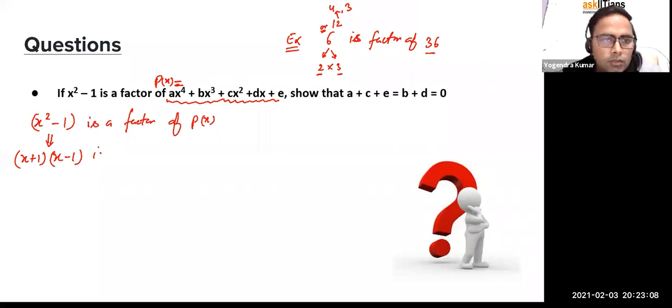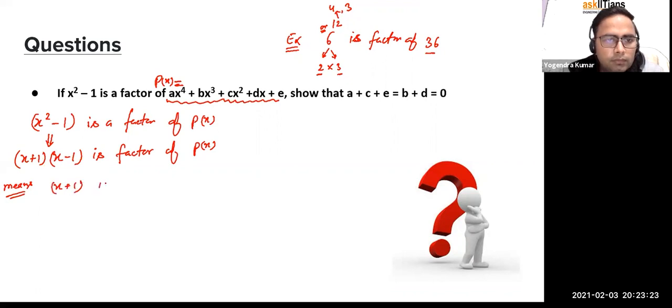Yes. So x plus 1 and x minus 1 are factors of P of x. Means x plus 1 is a factor of P of x, and x minus 1 is a factor of P of x.